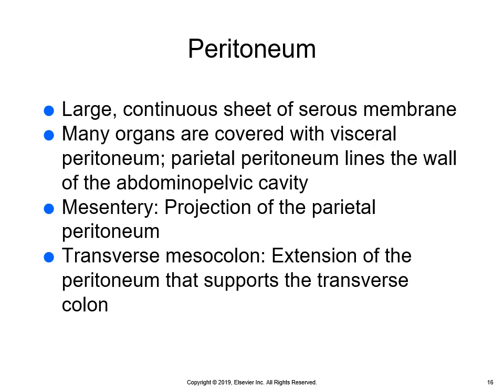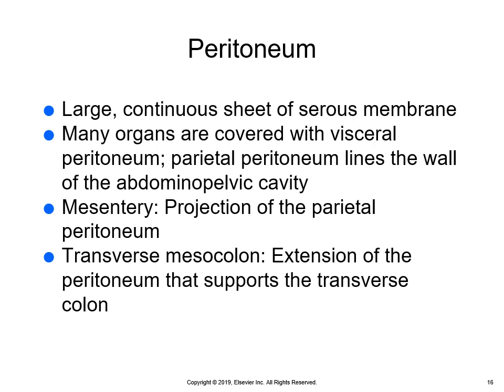Some of the key components of our peritoneum are the visceral peritoneum, which basically covers the surfaces of our abdominal organs like our stomach, also the intestines, and also the liver.